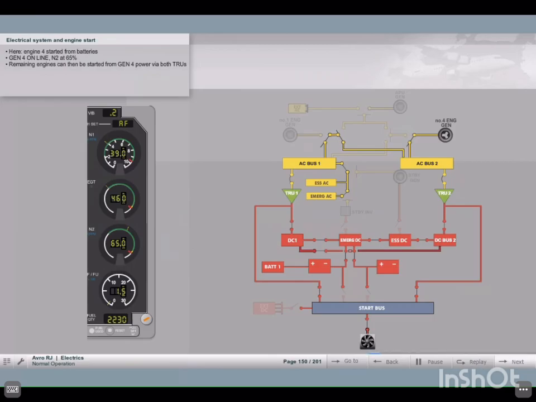In our example, we have started engine 4 on battery. Generator 4 is brought online and the N2 of the engine is increased to 65%. Now we can start the remaining engines with power from generator 4 through both TRUs.